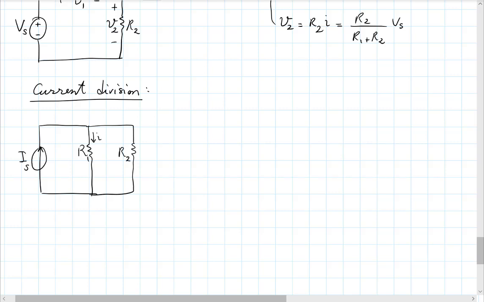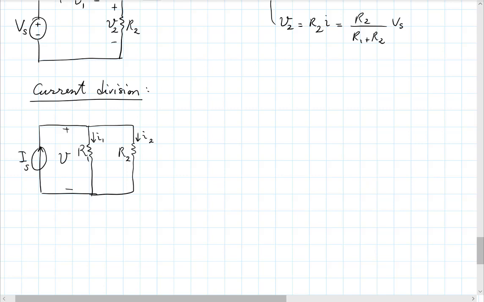So this one's going to have I1, and this one's going to have I2. Well, they all have the same voltage. Let's call this V. And you could say by definition of equivalent resistance, this voltage is simply this current, Is, times the equivalent resistance. Or the equivalent resistance is V by Is.